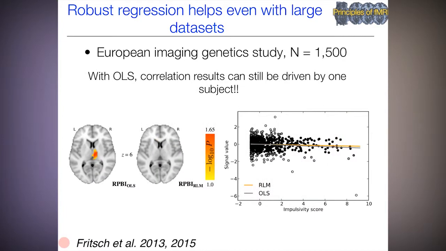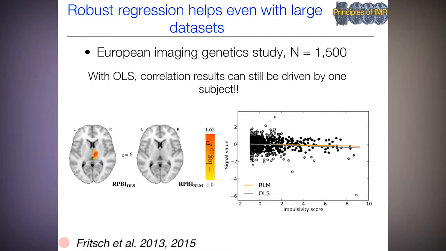And interestingly enough, they also have cases where they believe that they found false positives that go away with robust regression. So what you see here on the left is a blob in the thalamus that's a significant result under ordinary least squares and not under the linear model.